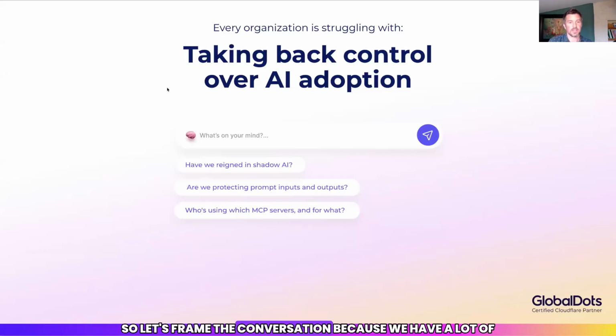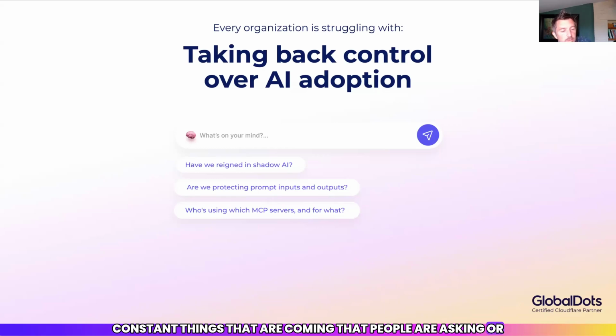So let's frame the conversation, because we have a lot of conversations with people at GlobalDots, and these are the constant things people are asking. How do we rein in our shadow AI? We know that people are using their own AI tools, and they expect to be able to use AI because they're using it in their private lives, so they expect to use it in the business.